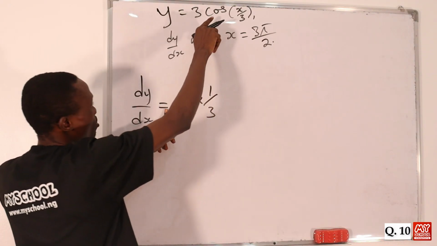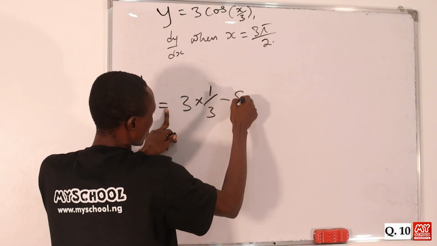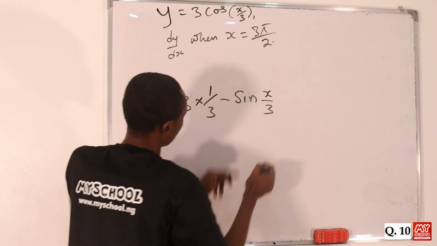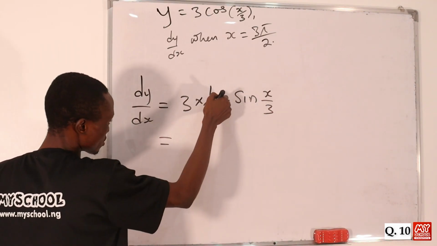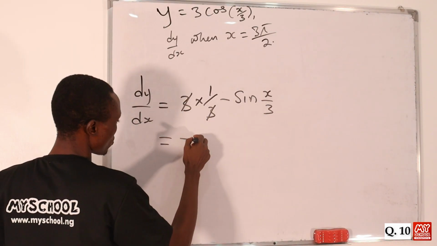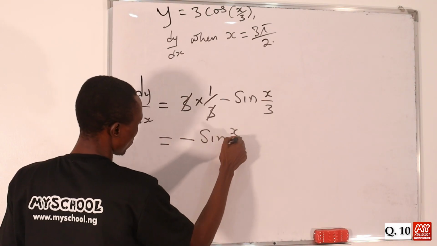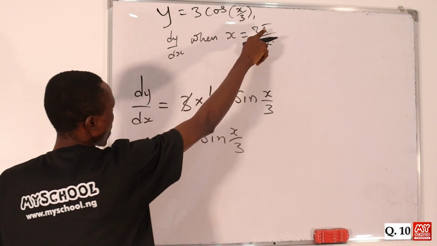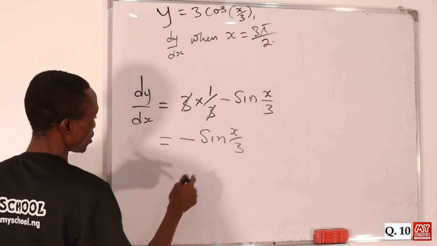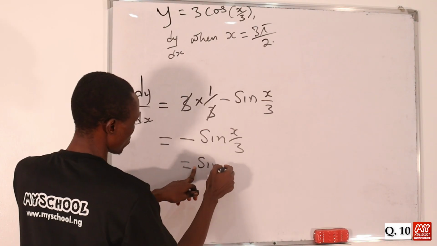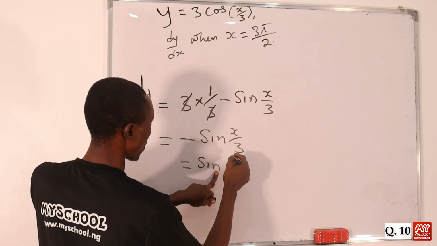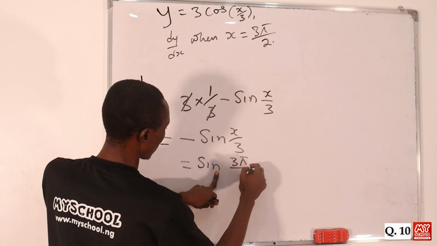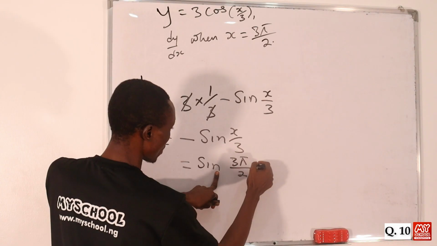Now remember, if we differentiate cos, we'll have minus sine. Okay, so we still have our x all over 3. So if we put this together, 3 will cancel 3, so that we'll have minus sine x all over 3. But we are asked to replace x with 3 pi all over 2. So in the place of x, we are going to replace it with 3 pi all over 2, then divided by 3.